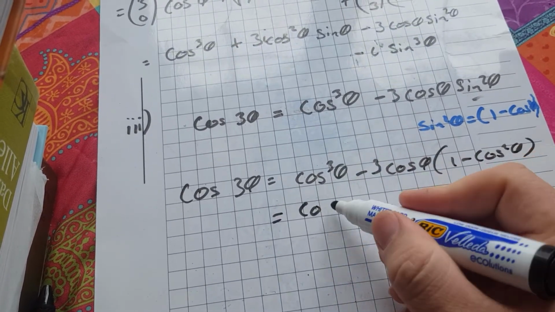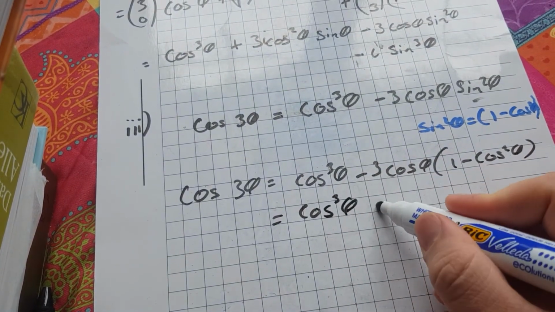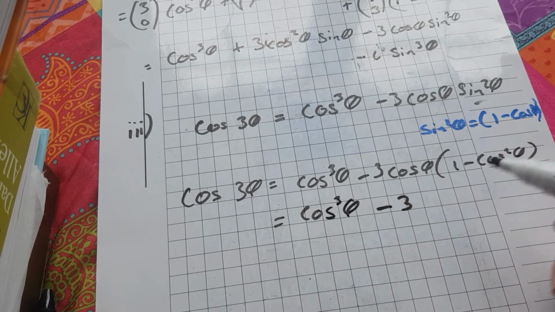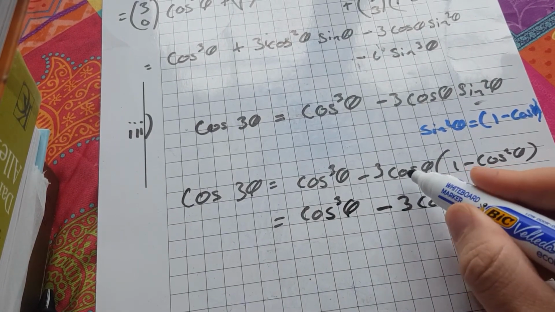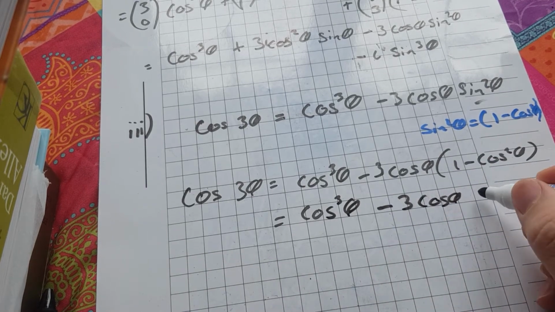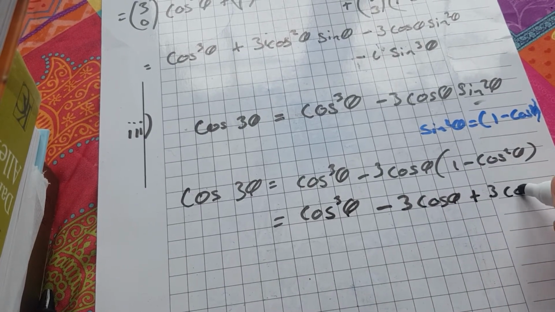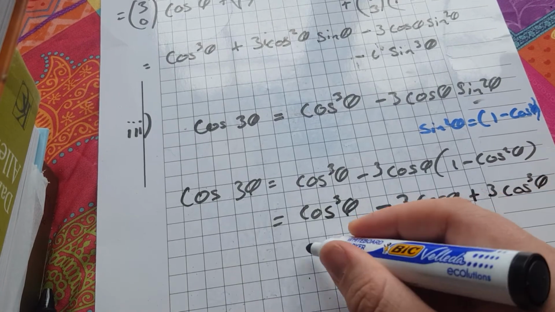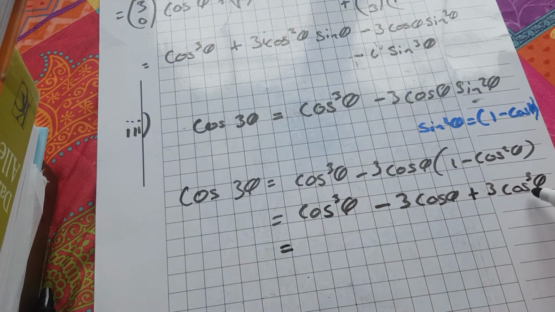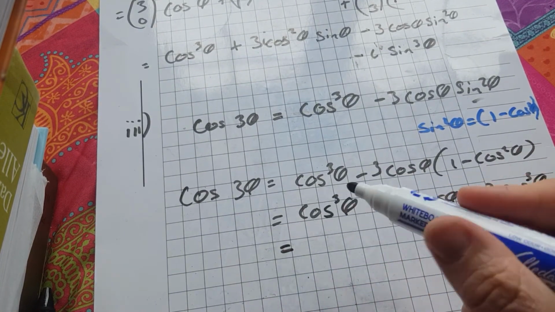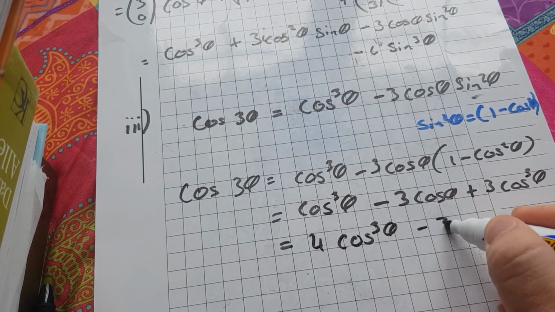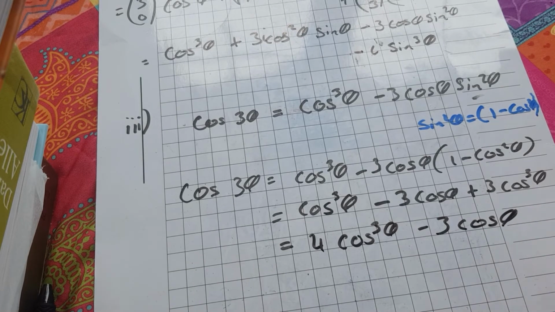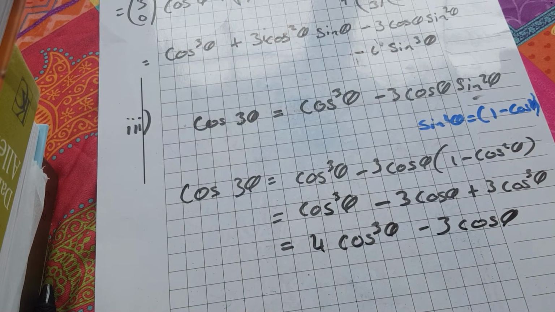So cosine cubed theta minus 3 cosine by 1 is minus 3 cosine theta, and by minus cosine squared theta is plus 3 cosine cubed theta. So now I've got 3 cosine cubed theta and a cosine cubed theta, so that's 4 cosine cubed theta minus 3 cosine theta as asked.